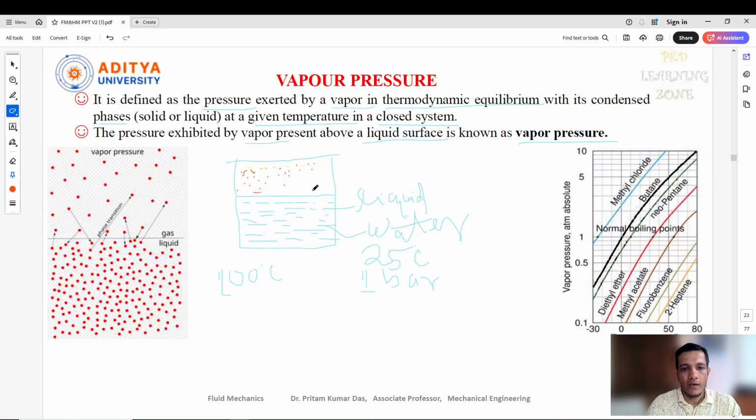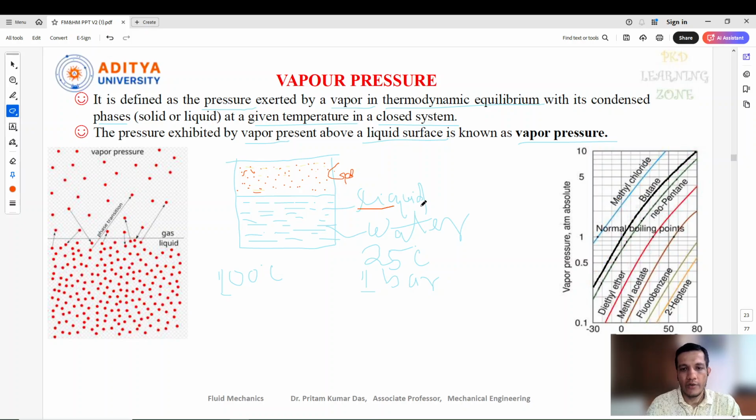These air molecules will also give some pressure on this liquid surface, but not that much. But when the liquid starts vaporizing, that means it is going to convert from the liquid state to the gaseous state.